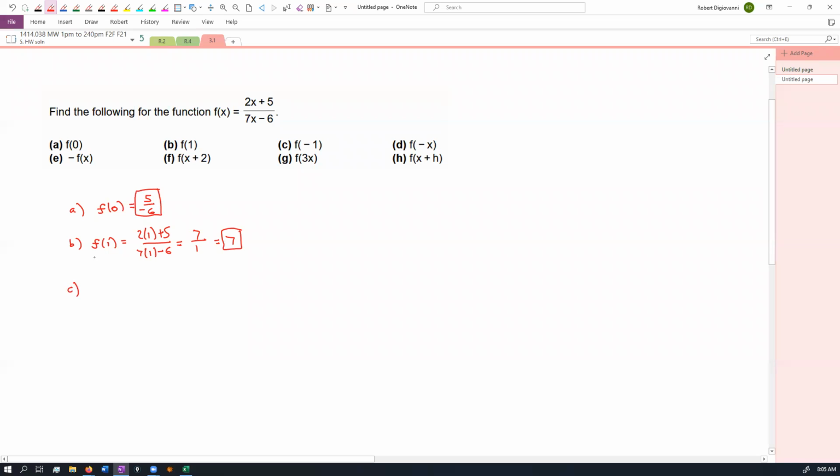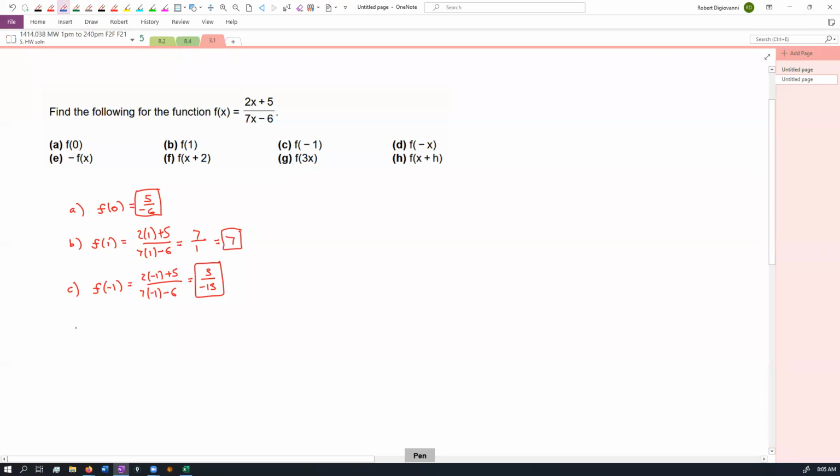For part C, we're plugging in -1. So we get 2 times -1 plus 5, and then 7 times -1 minus 6. So this is -2 plus 5 is going to be 3. On the bottom, we get -7, take away 6 more, that should give us -13. Okay, part D, f of -x, we're plugging in variable expressions.